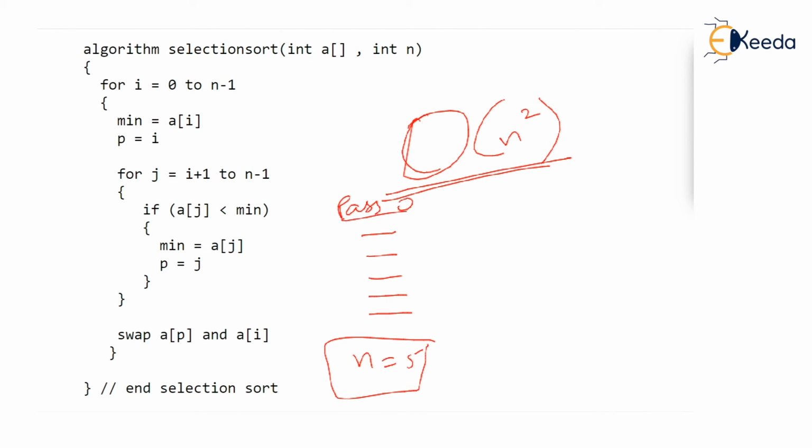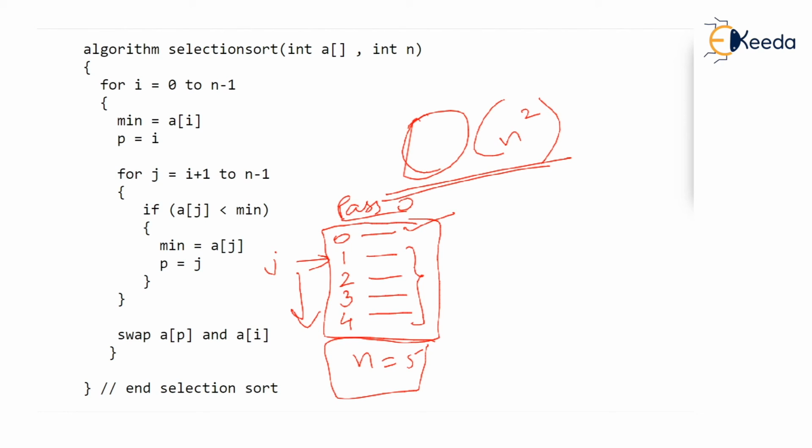Find the minimum from the entire array, 0 to n minus 1. So how many comparisons do you do here? You assume min is a0 and you start comparison with j equal to 1 to n minus 1. That means the number of comparisons you do is 4. In the very first pass, pass 0, you do 4 comparisons.